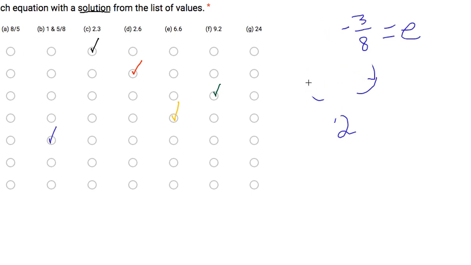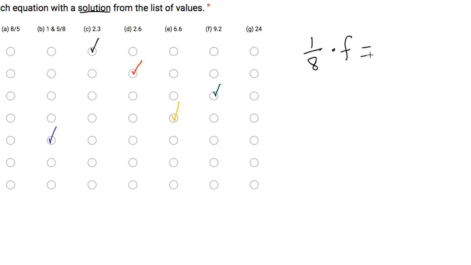So for number 6 in this piece, we have 1/8 F, which, don't get confused here, just means 1 over 8 times F, equals 3.